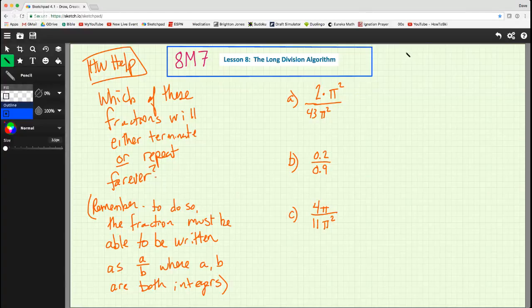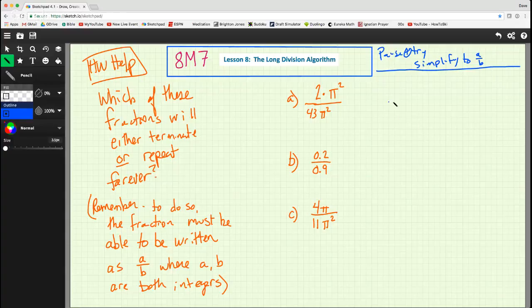I want you to pause and try. What I want you to do is simplify to a over b, and see if they can be written as fractions where a and b are both integers.